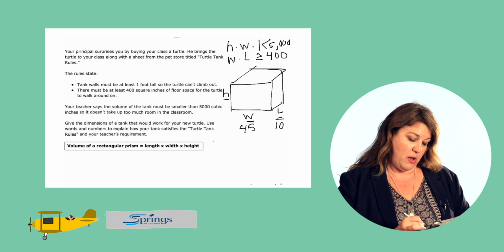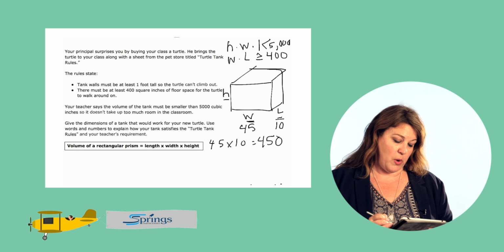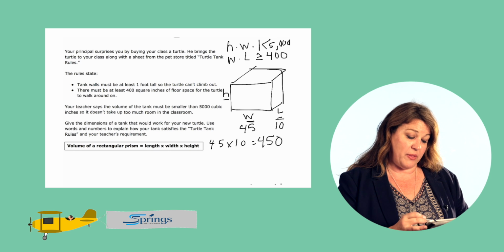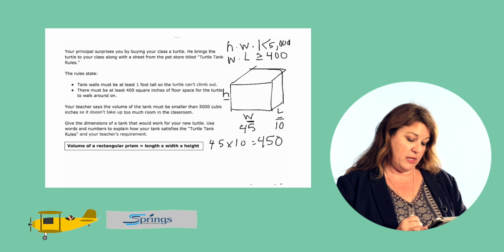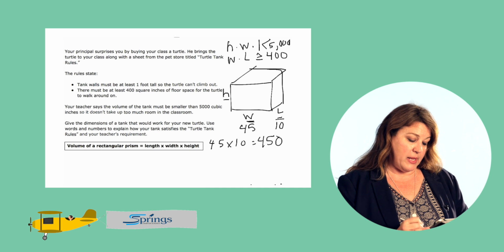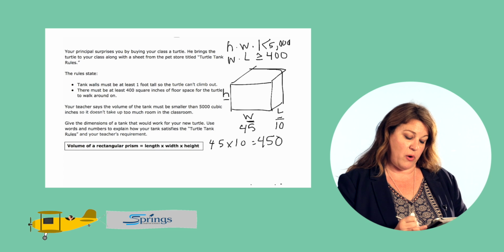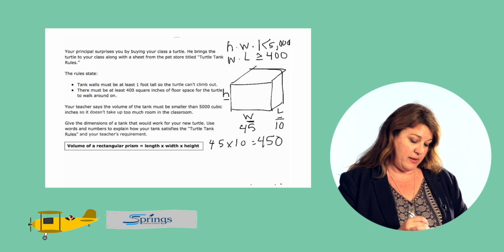So we have width times length. We have 45 times 10 equals 450 square inches of floor space. Now, the height times the width times the length has to be less than 5,000. So whatever the height is, multiplied by 450, has to be less than 5,000. So let's make our height also 10.